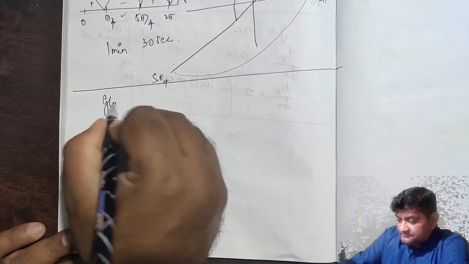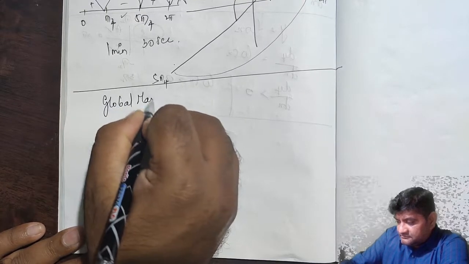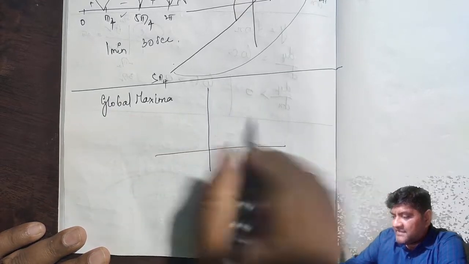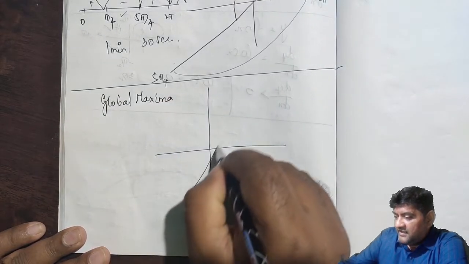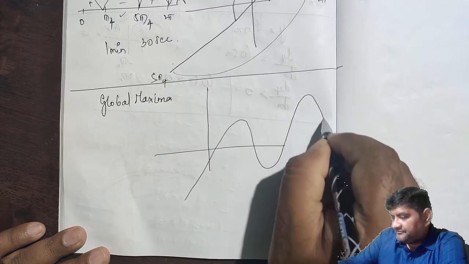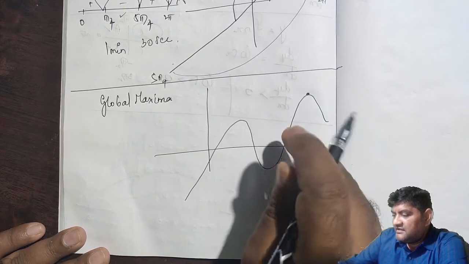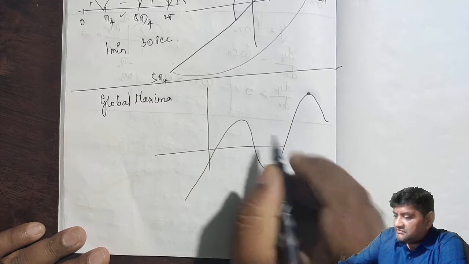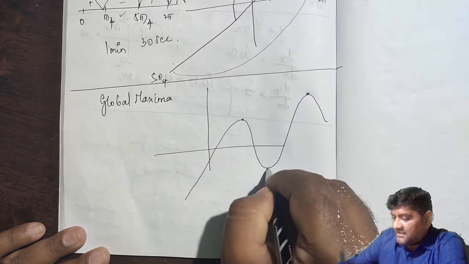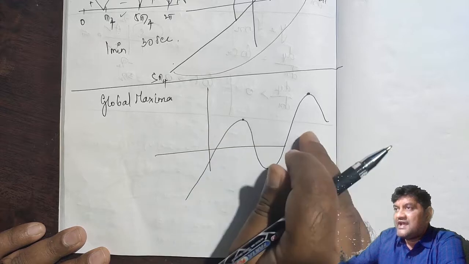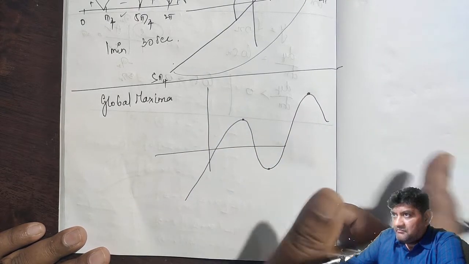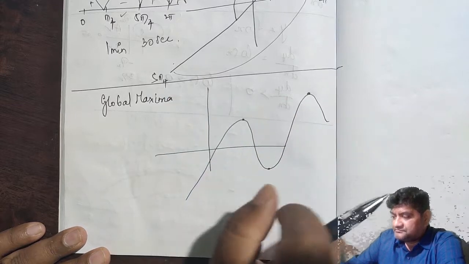Global maxima. It's a maxima for all of the function. This is the global maxima. Local maxima. This is the local maxima, local minima. So a function can have multiple local minimas, but one global maxima.